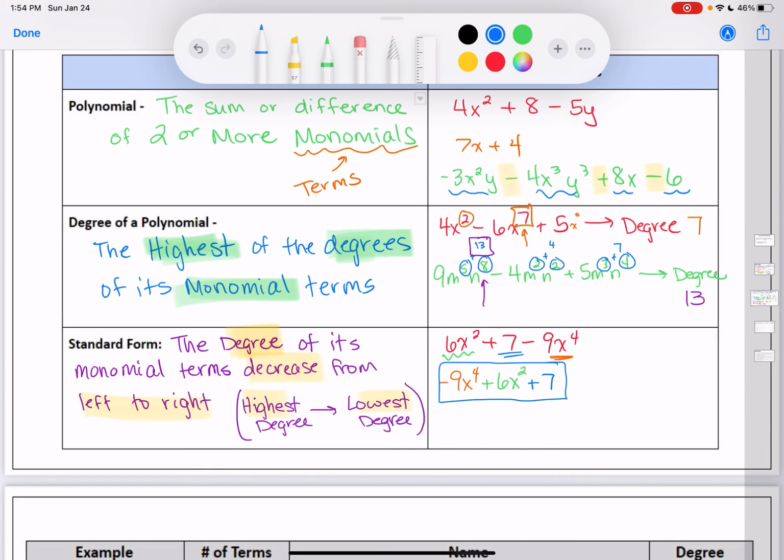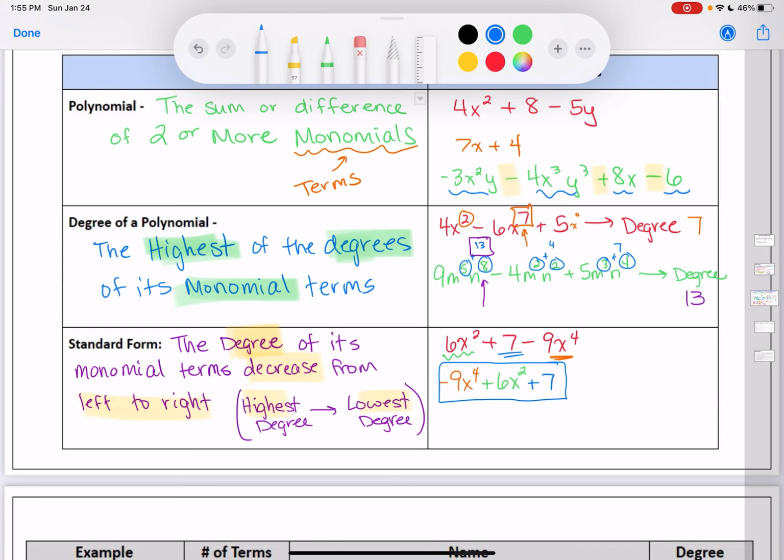And it's really important, we know that we can change the order whenever we're adding and subtracting, as long as we watch those negatives when we're subtracting, right? So technically it's not a different polynomial, but it's just because these things get so complicated to write, it's really important that you always write things in standard form for your answers so that it's easier for you to check your answers, it's easier for me to check your answers.